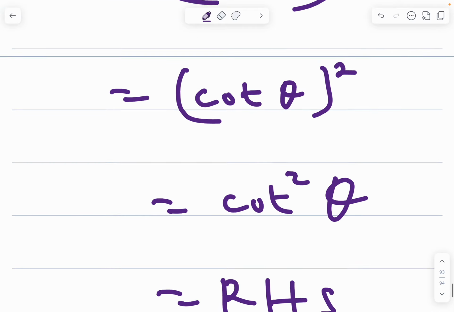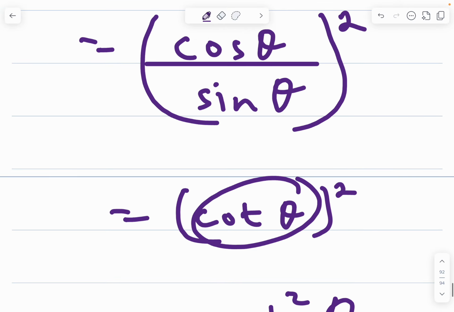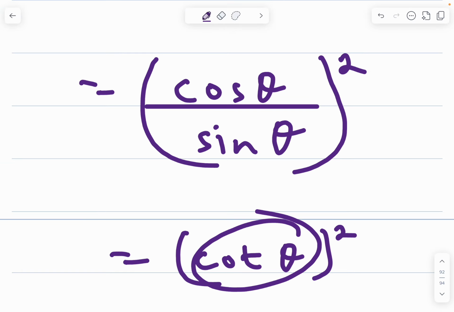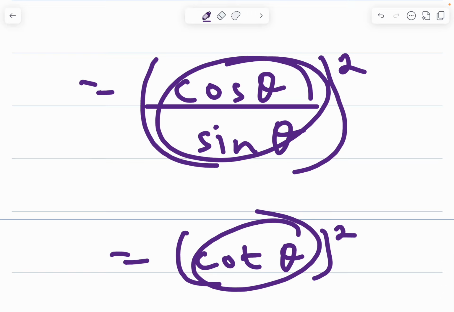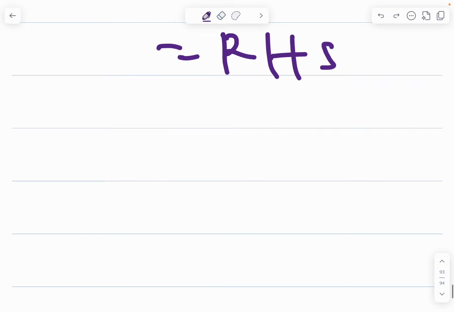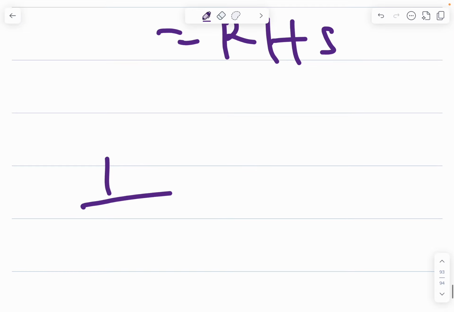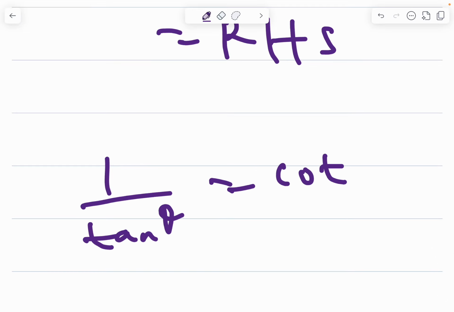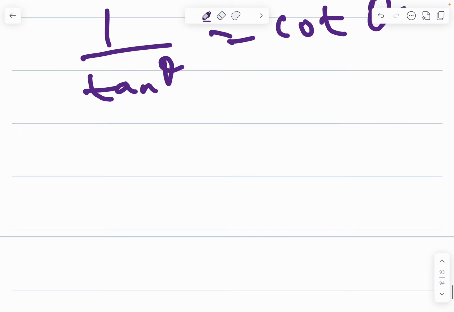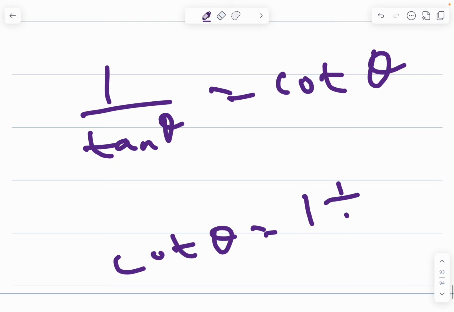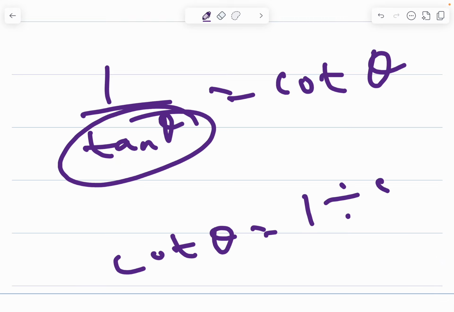Let me show why cot theta is cos theta over sine theta. We know that cot theta is the reciprocal of tan theta. 1 over tan theta is cot theta. So cot theta is equal to 1 divided by tan theta, and we know that tan theta is sine theta over cos theta.